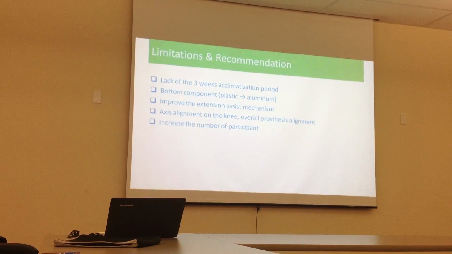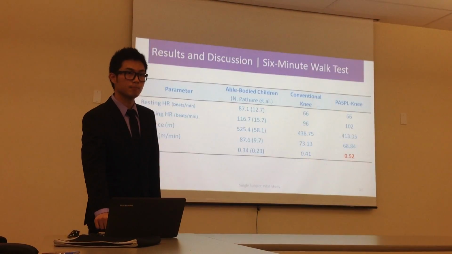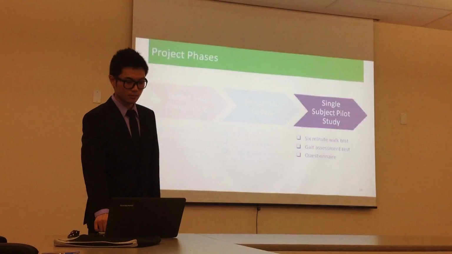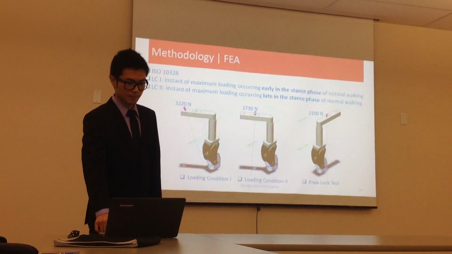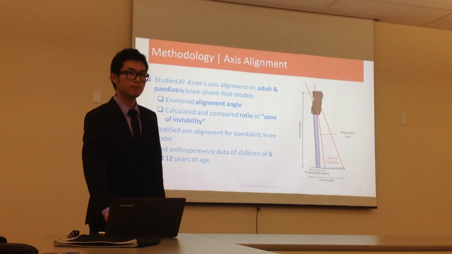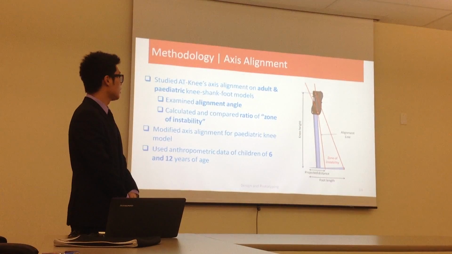Okay. And I'm a bit confused about the zone of instability. What actually does zone of instability mean? I understand how it's defined, but the meaning of that, it doesn't mean that, for example, the center of pressure is within that area, which determines the engaging and the disengaging. That's not right.